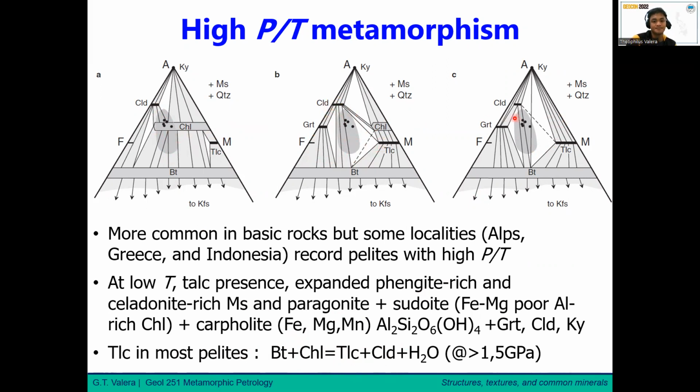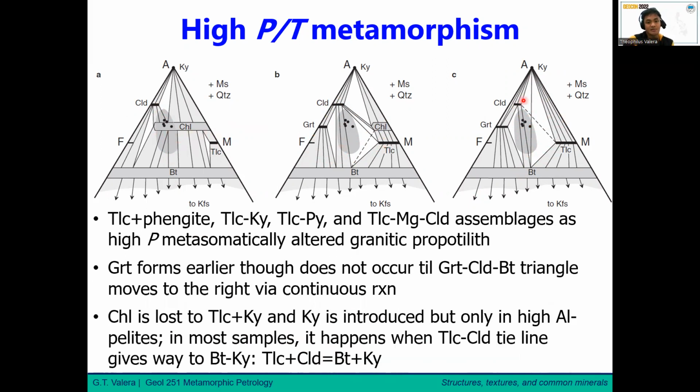Eventually talc also disappears, and you end up with kyanite chloritoid biotite, or garnet chloritoid biotite. Talc plus phengite, talc plus kyanite, talc plus pyrophyllite, plus talc plus magnesium chloritoid assemblages occur as high pressure metasomatically altered granitic protoliths. Garnet forms earlier, though it does not occur until the garnet chloritoid biotite triangle moves to the right.